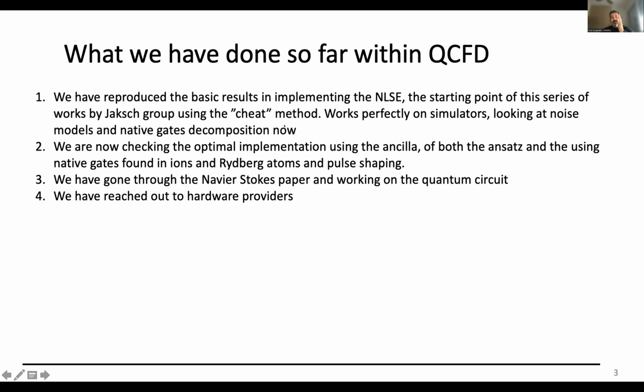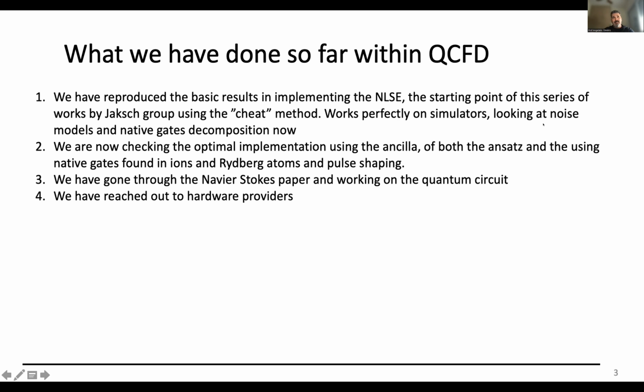We simulated the circuit using the cheat method, not the Ancilla qubit method, and it works very well, implementing both the circuit and the quantum nonlinear unit. It works perfectly in simulators without noise. The results look very nice and encouraging, as also in the paper.